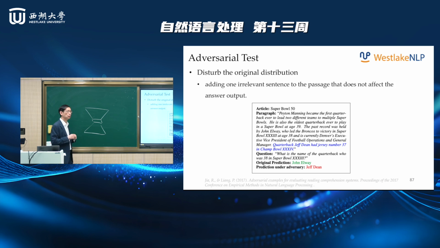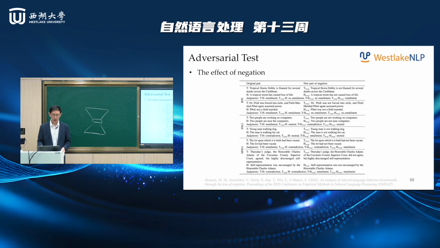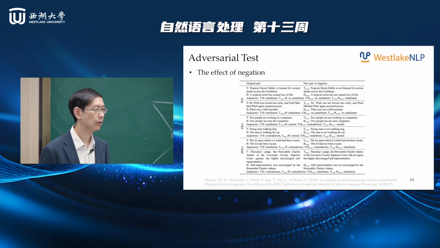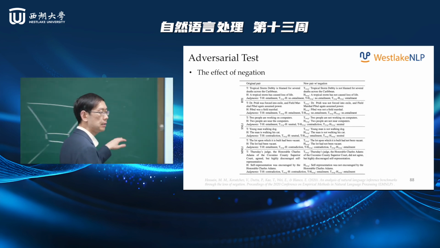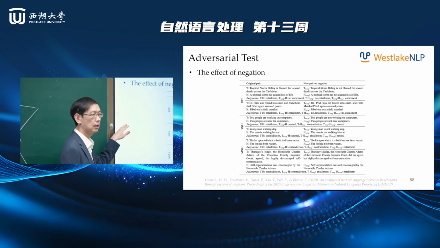And people also do adversarial tests on language models. For example, if we do machine reading comprehension, we try to add an irrelevant sentence to the passage. Whether your model can answer the same question correctly indicates how robust your model is. Or for natural language inference, you add a negation to the hypothesis or premise.